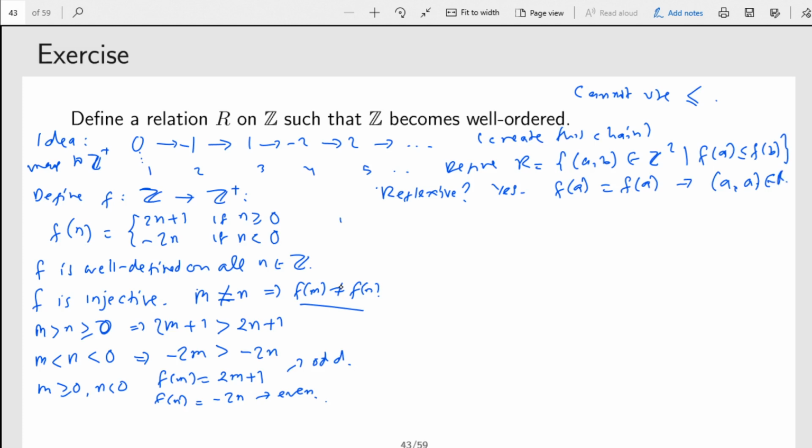Is it antisymmetric? Well, the answer again is yes.